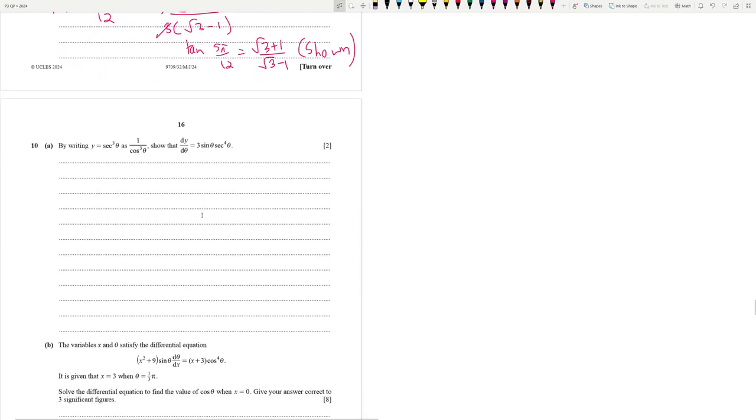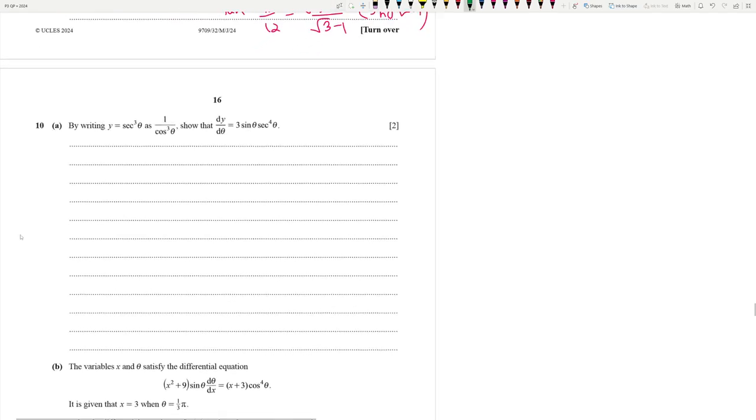Next, number 10, last sum of the day. By writing y is equal to sec cube theta as this, show the dy by d theta. Okay, so y is equal to sec cube theta or cos minus 3 theta.